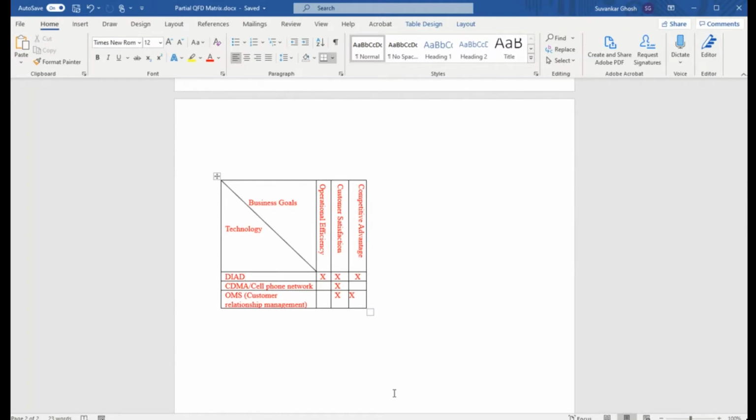I've also said that it's a sparse matrix, meaning there are a number of cells that are marked with the cross, but there are also a lot of cells that should be empty, because you're really trying to find the main connections. One can argue that indirectly, well, everything helps customer satisfaction, and that might be a correct statement.